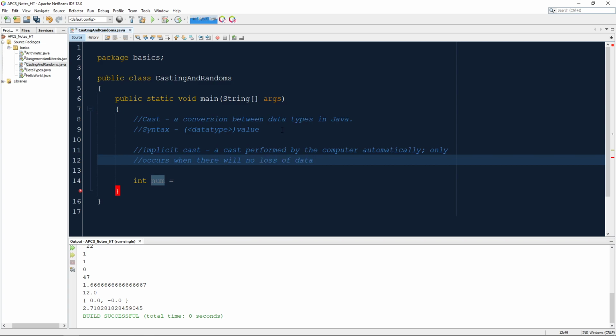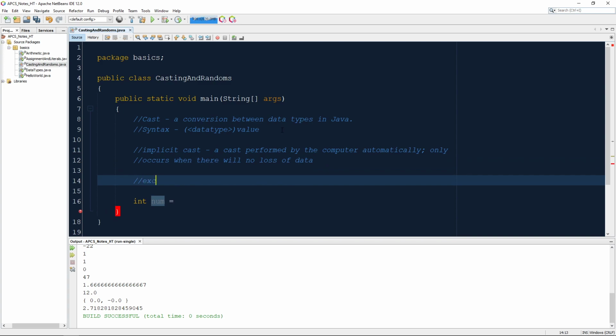For example, we've set a literal integer and assigned it to a double variable. If the rule was that the thing on the right of the assignment must match the type of the thing on the left, then that wouldn't work. But because of an implicit cast, an integer like 7 can be converted to 7.0 with no loss of data. So that implicit cast to a double could occur.